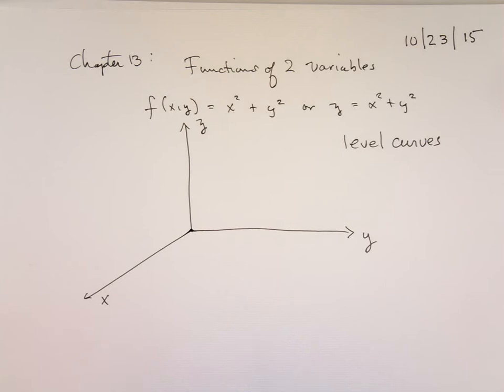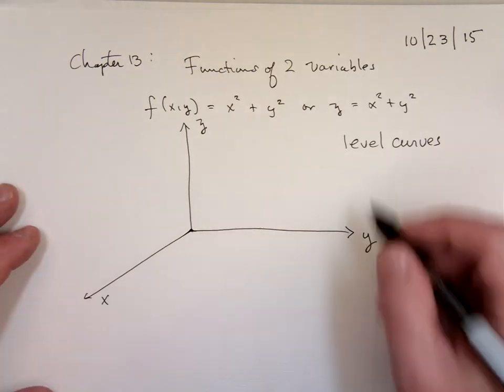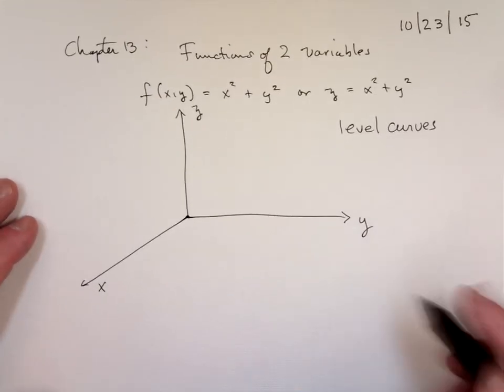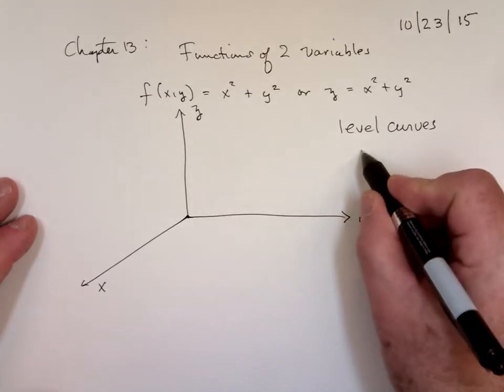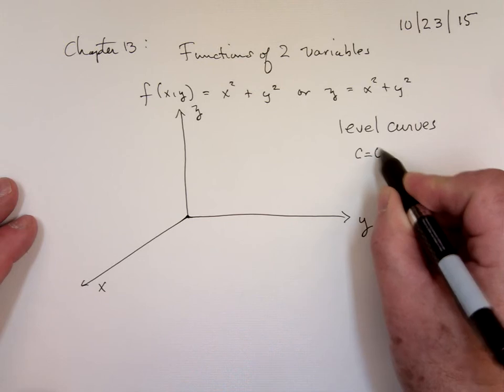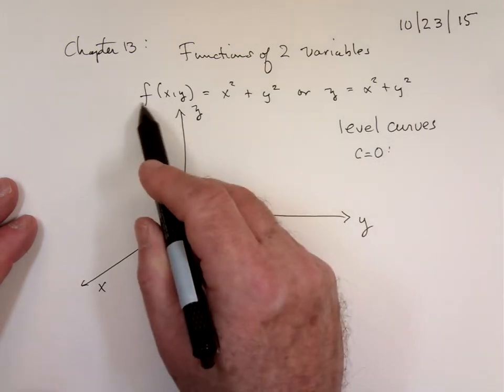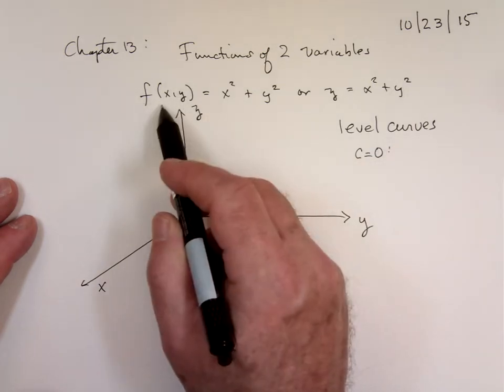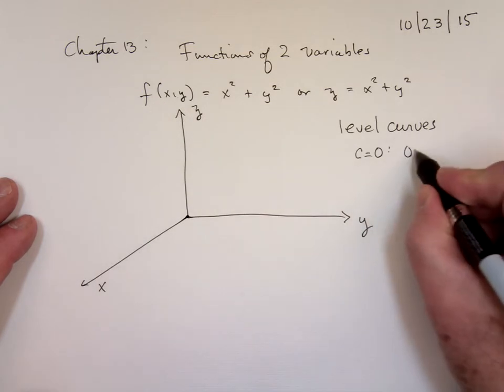So, let's do some level curves here. Let's start, and what WebAssign will do is say, let's set c equal 0 first. What that means is replace the function here with a constant 0. So you get 0 equals x squared plus y squared.